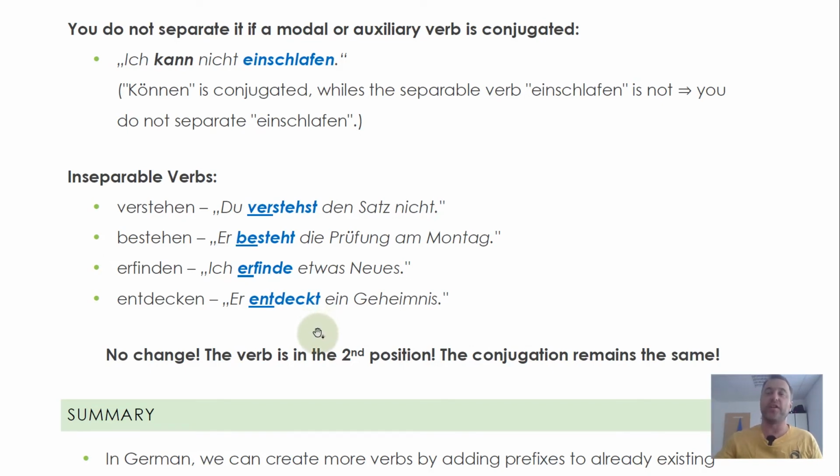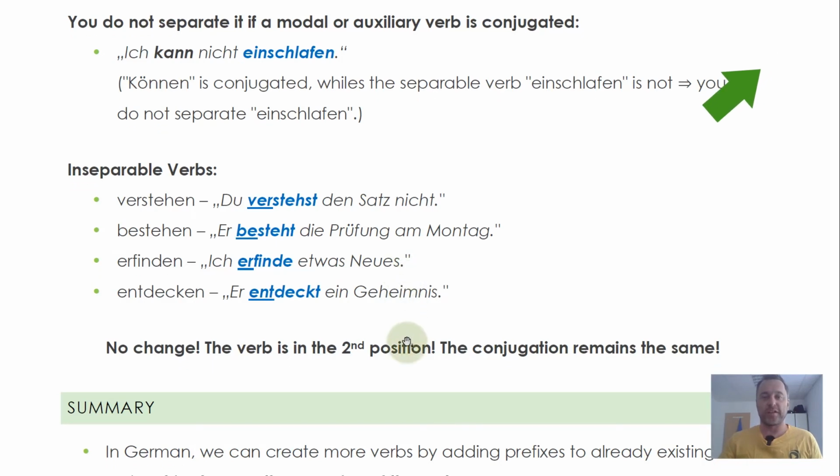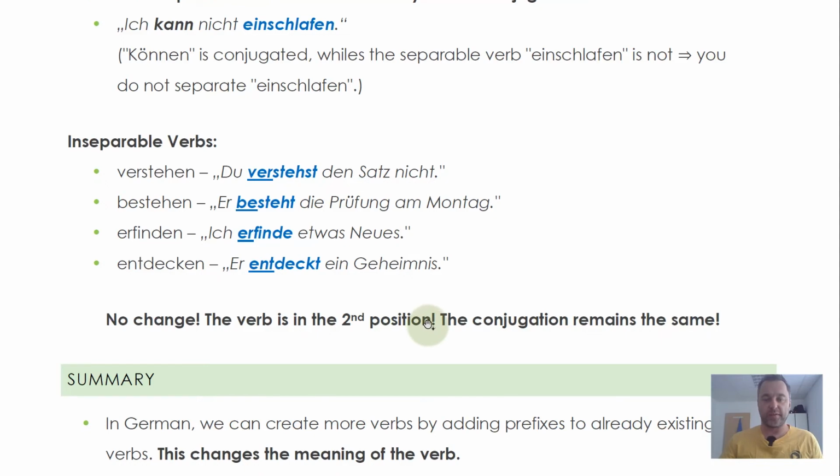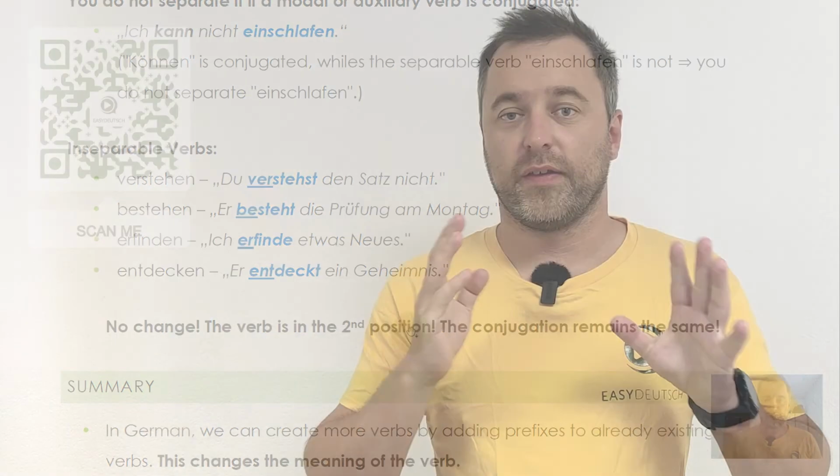So I will link the video in the info cards if you want to check that out. If you're using infinitive with zu already, there you also find all information about separable and inseparable verbs in combination with infinitive with zu. So always remember, if you stress the prefix, you separate it. If you do not stress the prefix, you do not separate it.